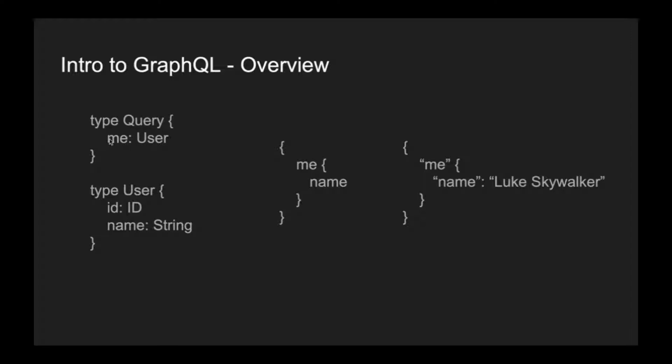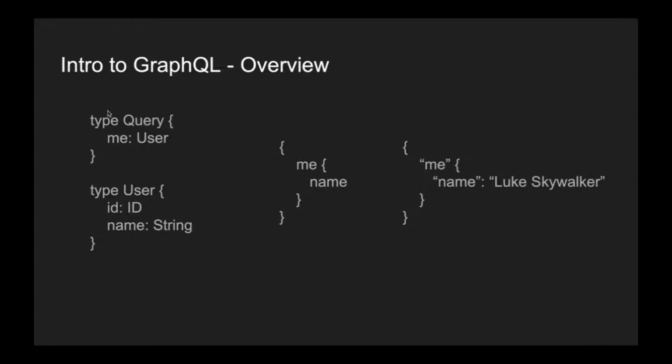I'll explain what a query is later, a special type in GraphQL. But basically, in this query type, me is called a query, and it returns a user. This is different from the type user, which is defining fields and types.